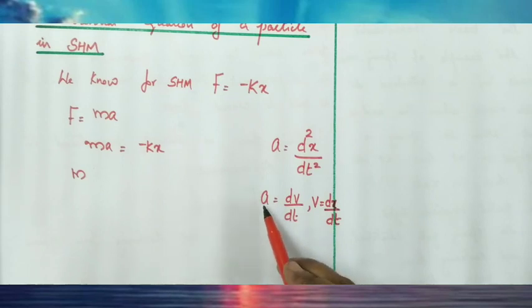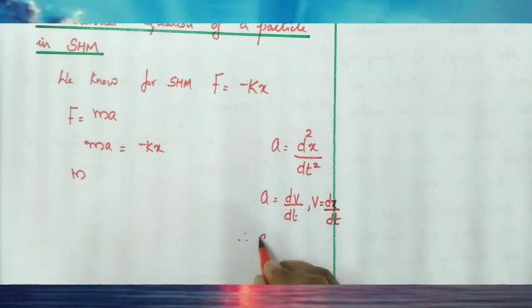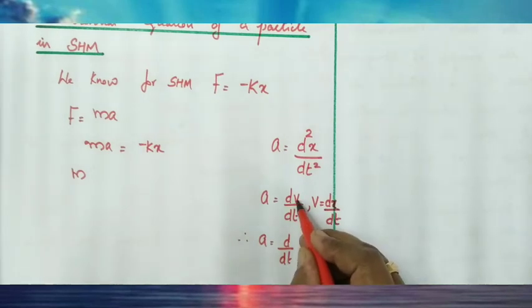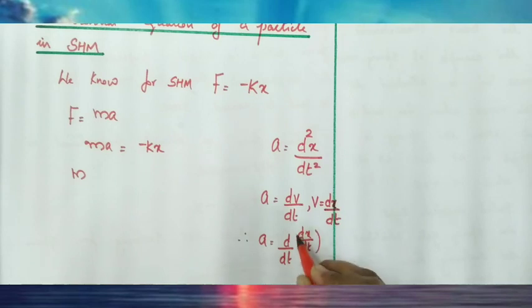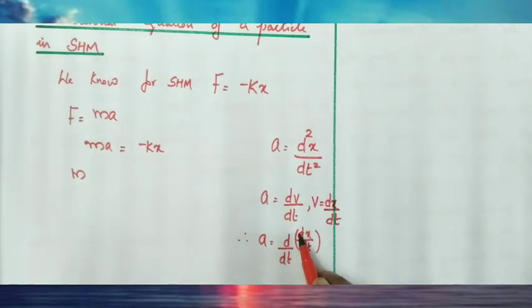So here we can write a as d by dt of velocity. What is velocity? We can substitute dx by dt. So this can be written as d square x divided by dt square.